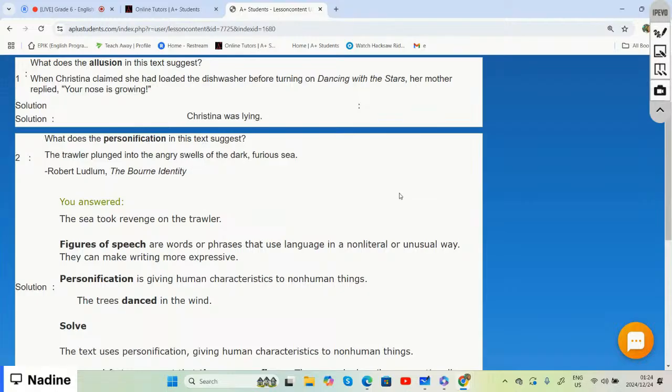We need to basically say what the personification in the text is. And personification is giving human characteristics to a non-human thing.